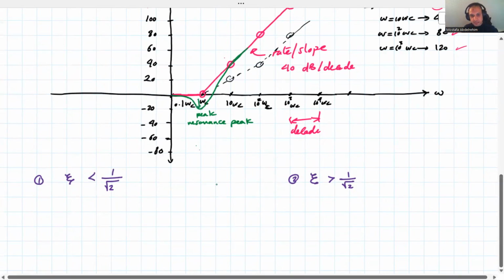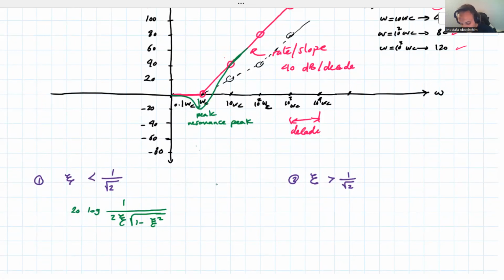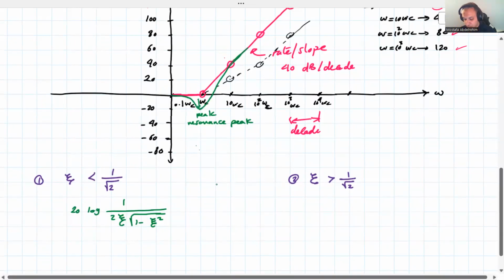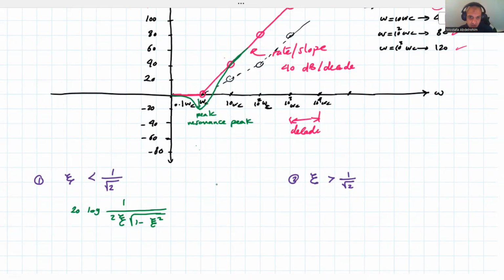How much is this peak? This peak is 20 log of 1 over 2 zeta square root of 1 minus zeta square. So if, for example, this ends up at minus 20, it might be less than that or higher than that, whatever.